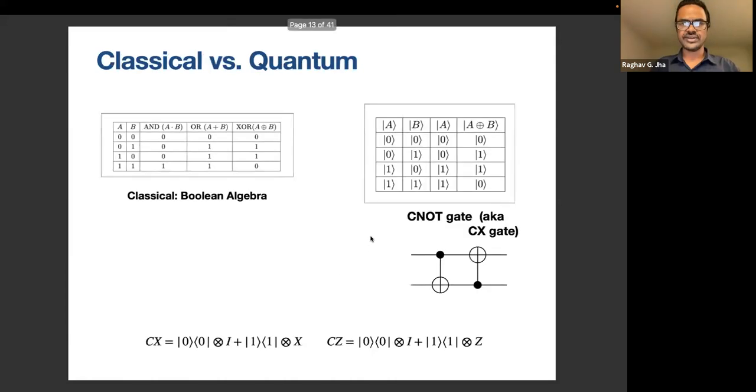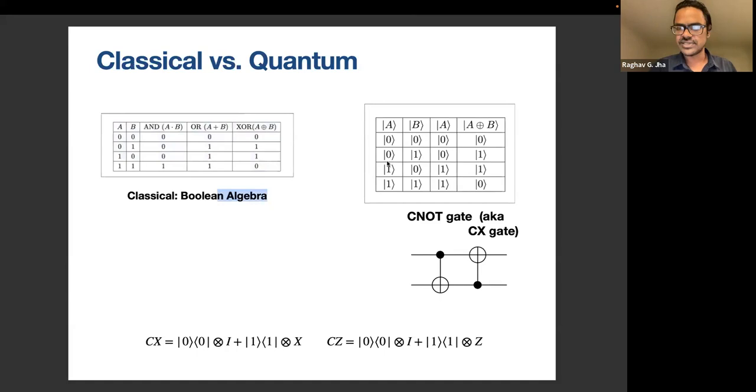They are all unitary. And okay, once I mentioned this, let me do a small recap, a parallel of classical and quantum. In classical Boolean algebra, if we have an AND gate and the inputs are 0, 0, we get this. We can have an AND gate, OR gate, or XOR gate. In these cases, the truth table is given by this, and this is all Boolean algebra.